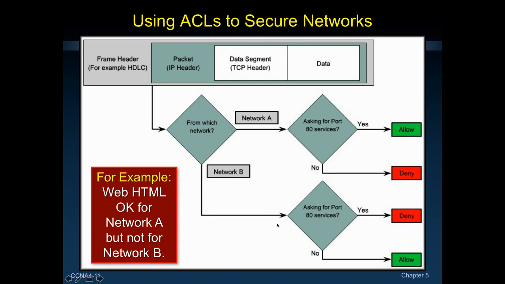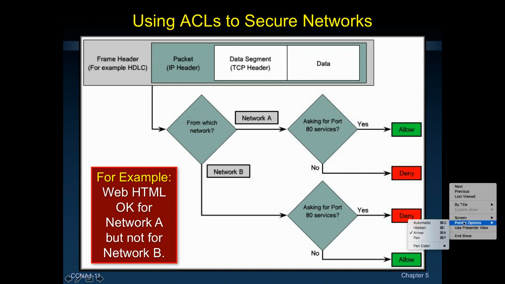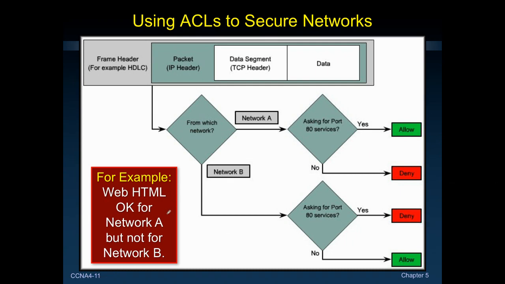So they will check. For example, here I put network A as 192.168.1.0, and network B as 192.168.2.0. Basically they will check this IP address on the header.